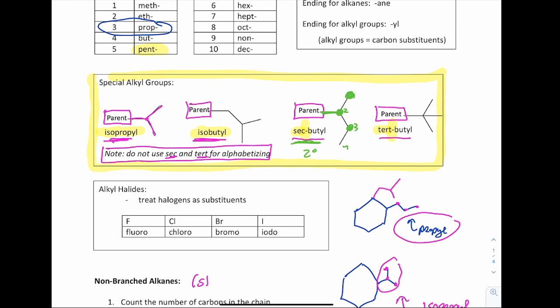We could look at tertiary that way when we're here. Tert stands for tertiary. The carbon that's attached to the parent is attached to 3 other carbons. If I look at the iso one, the carbon that's attached to the parent is attached to 1 other carbon. That carbon is attached to 2 other carbons, but we're looking at what's directly attached to the carbon that's directly attached to the parent, if that makes sense.